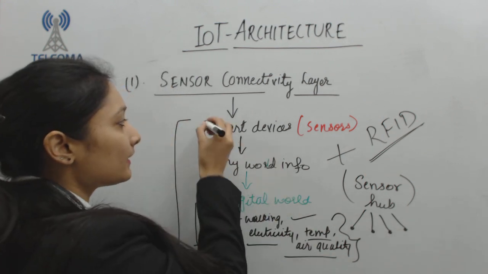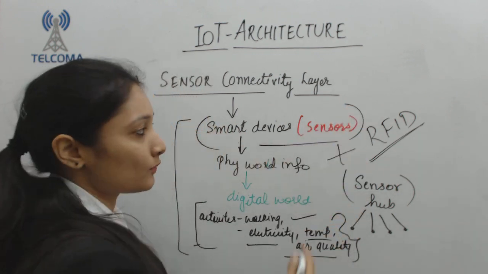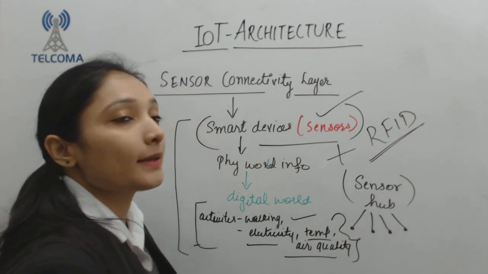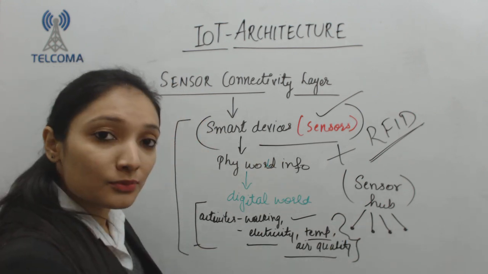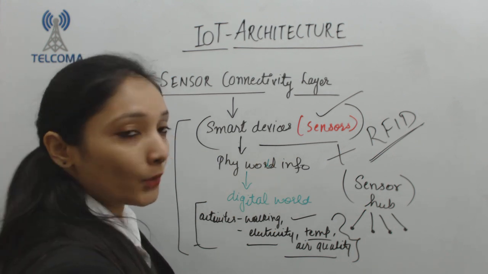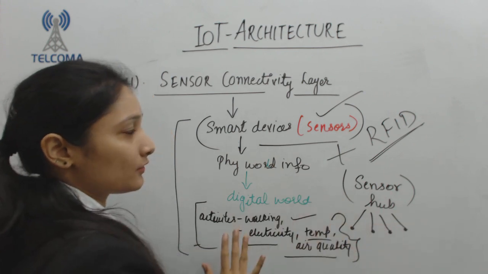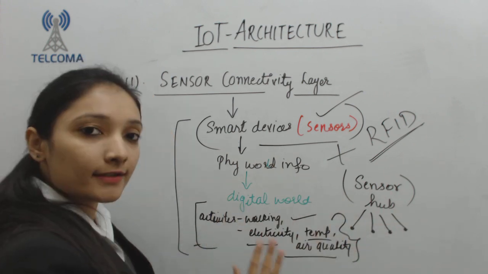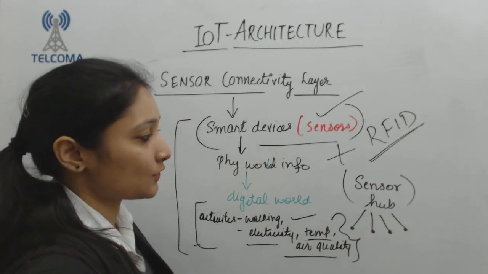So basically, when we need some intermediary which can transfer the information, we have smart devices embedded with sensors and measuring different kinds of information from the real world. Now, this is just about your sensor connectivity layer. We will be studying the different kinds of sensors in another session.